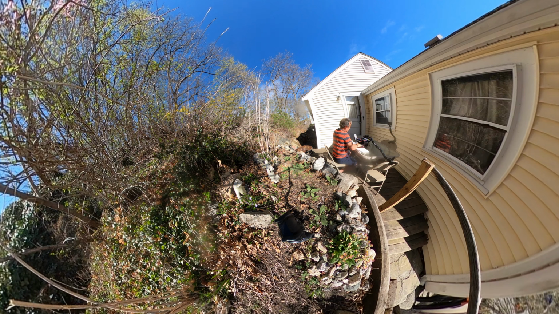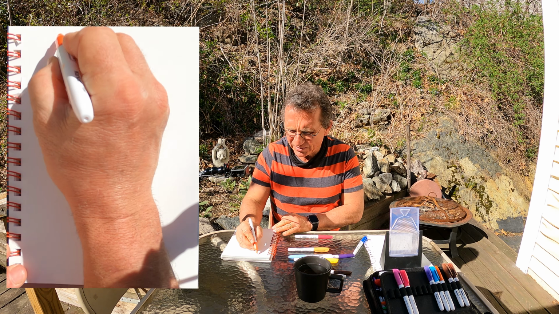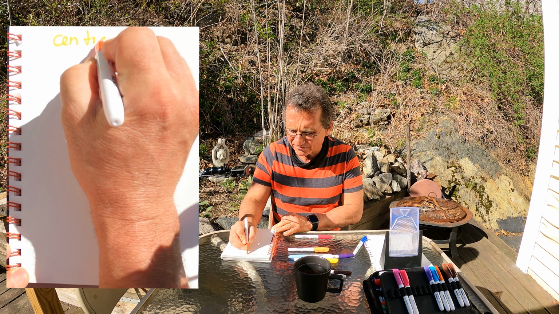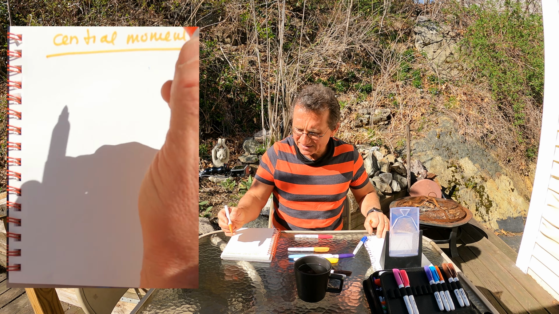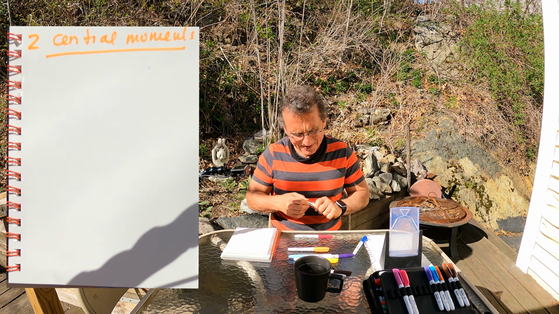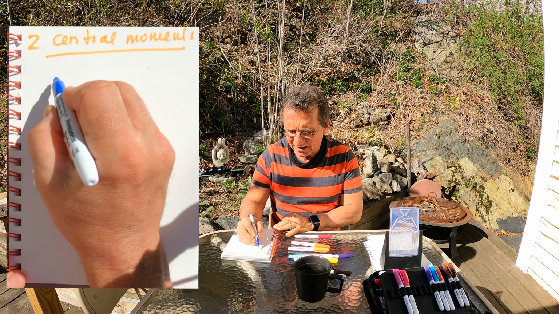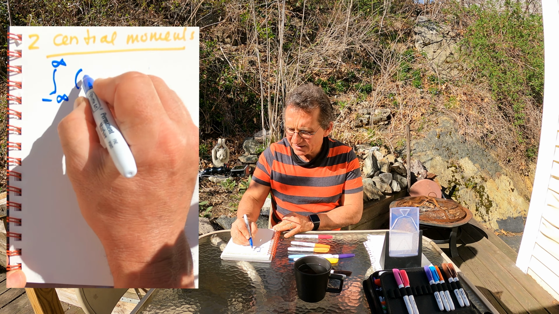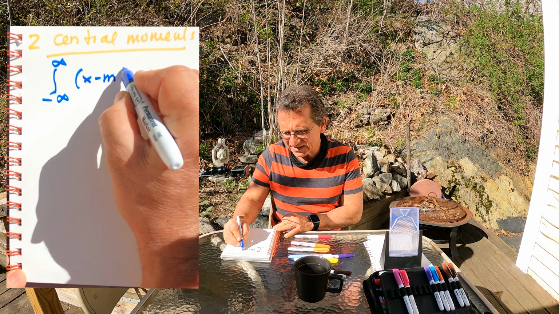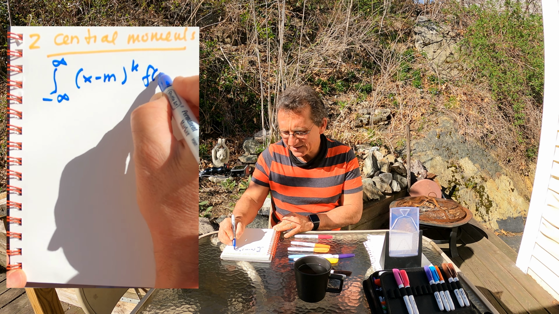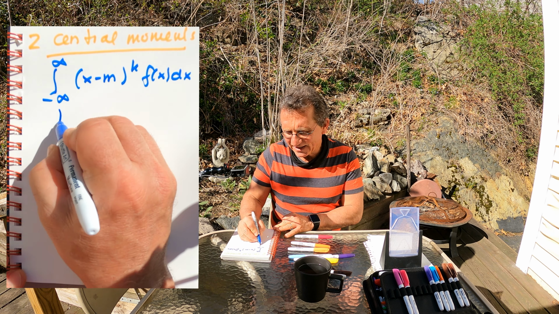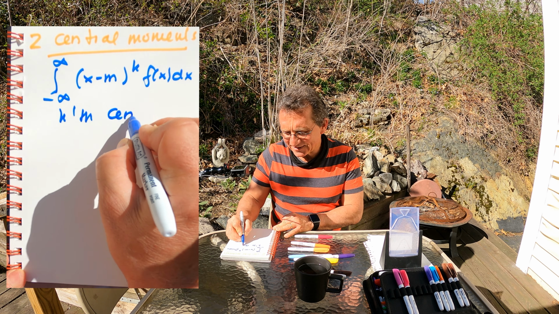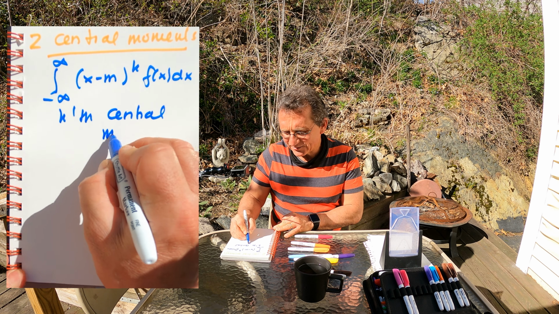And the next thing I want to do is introduce the central moments. So that was the second part, the central moments, when we have the integral from minus infinity to infinity, and then we take x minus m, where m is the mean, to the k, f of x dx. That's called the kth central moment.